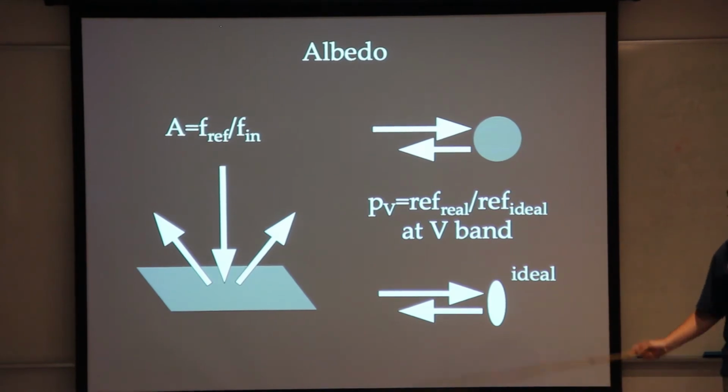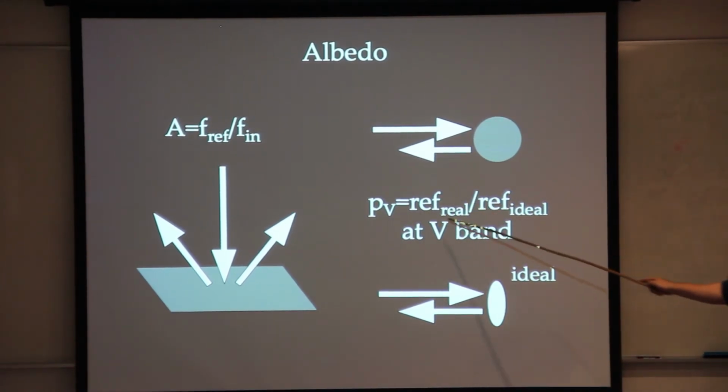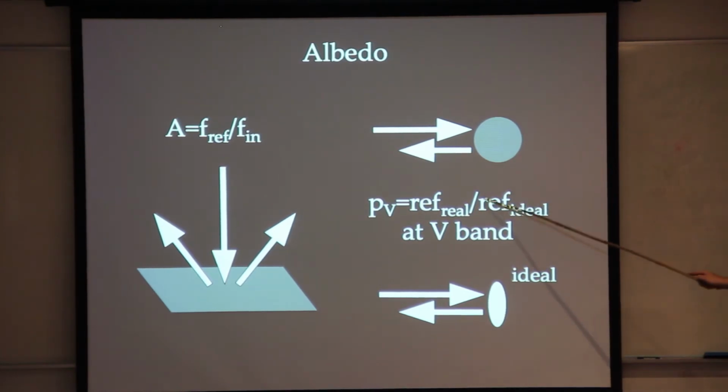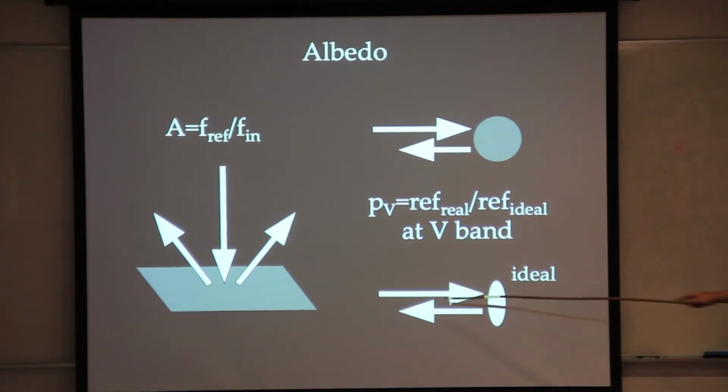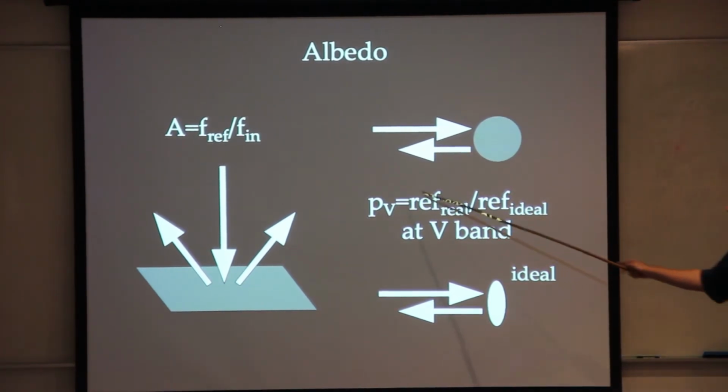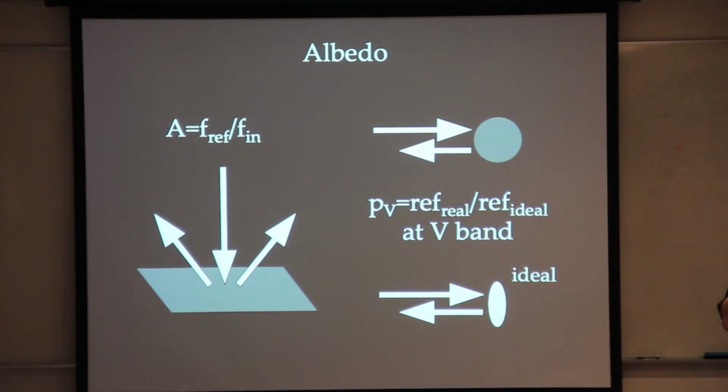And so this is a reflectance of the real object as compared to what you would expect from an ideal reflector. So an ideal Lambertian disk, how much light would it reflect back at zero phase? I find that the geometric albedo is more what you would intuitively expect from seeing a rock, looking at the fraction of light bouncing off of it.